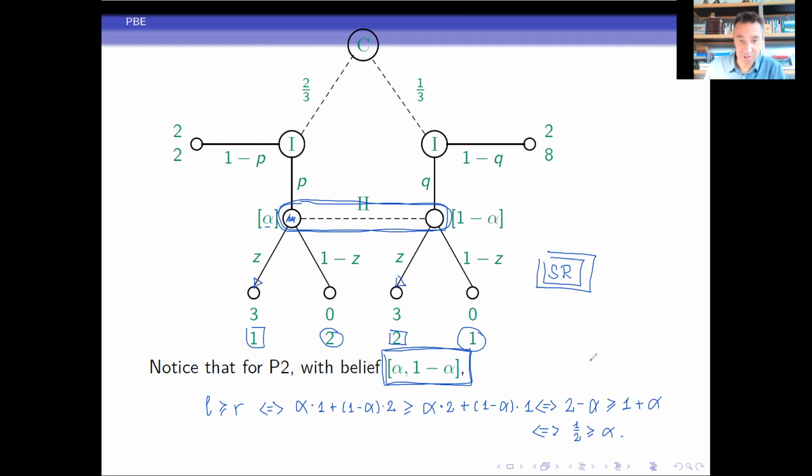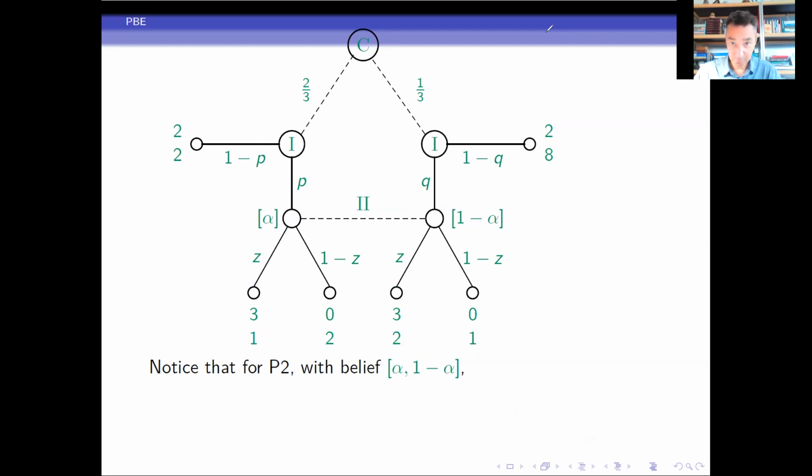And of course, if the numbers here are not that nice and symmetric, you can still do these calculations and see what the condition will be. Okay. So this is the calculation. And based on that, we will consider 3 cases, namely if alpha is really smaller than a half, that means that player 2 will actually uniquely choose left.